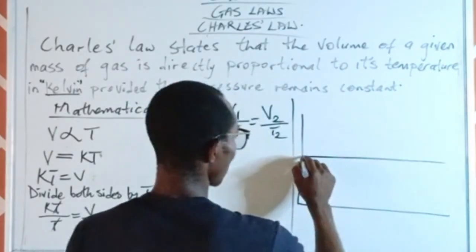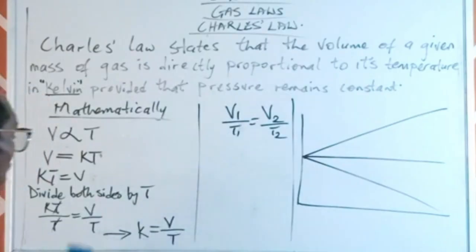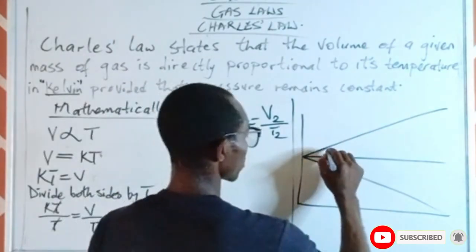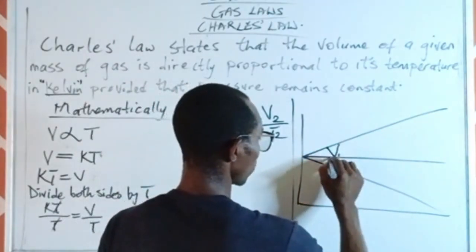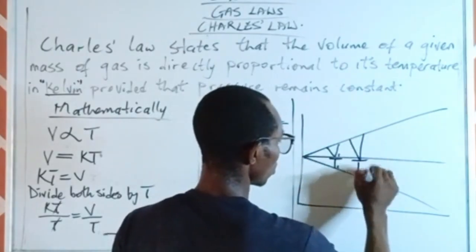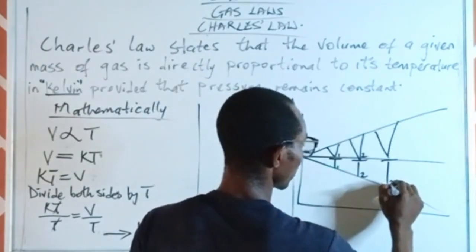We have something like this: when temperature is increasing, volume is also increasing, because they are directly proportional. So we have V1 at T1, we have V2 at T2. We see that as volume is increasing, so also is temperature.